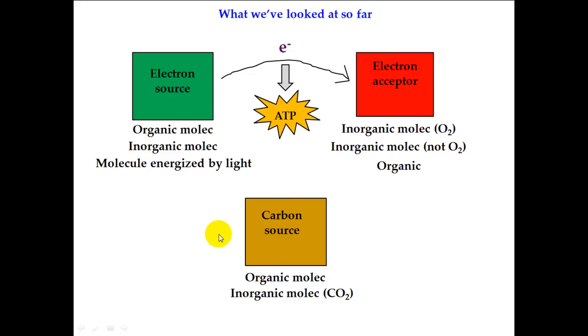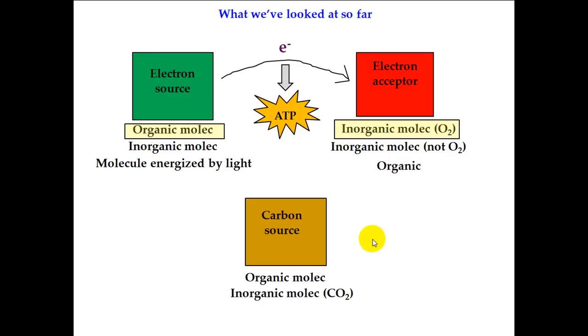And so what we've just taken a look at is this. We've just taken a look at cells that can use organic molecules as their electron source. By definition, that would make that cell, again, a chemoorganotroph. We've also just taken a look at cells that can use oxygen as its final electron acceptor.